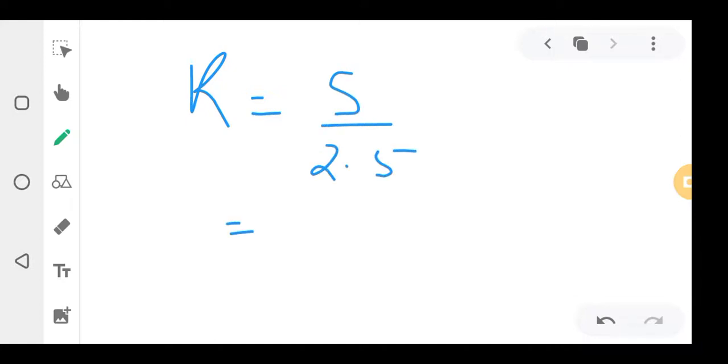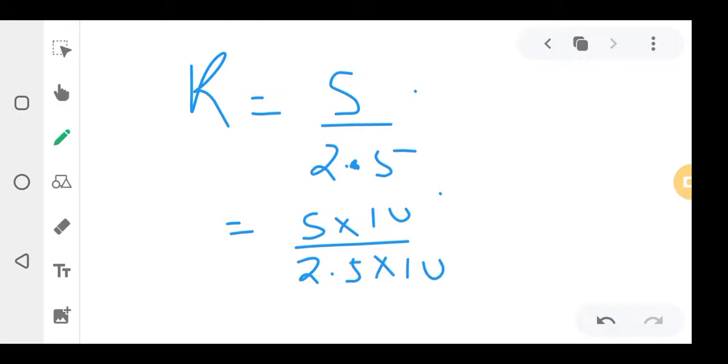And we said whenever there's a decimal point with one placeholder, you multiply 10 on top and 10 down. The decimal point disappears. So 5 times 10 over 2.5 times 10. 5 times 10 is 50, and only 25 will remain.